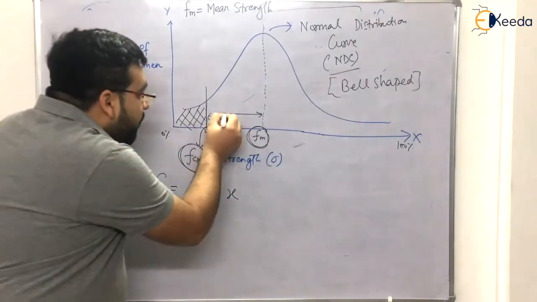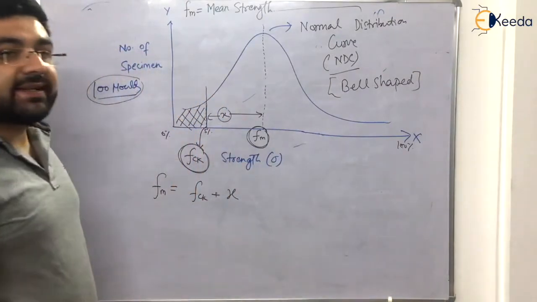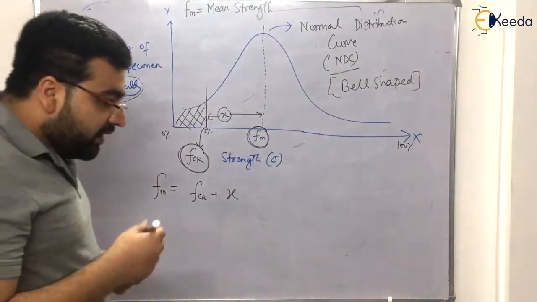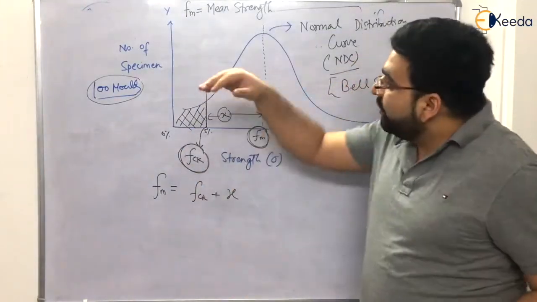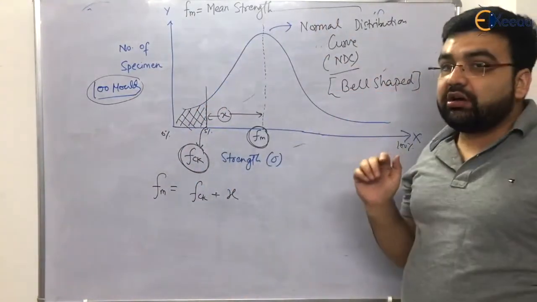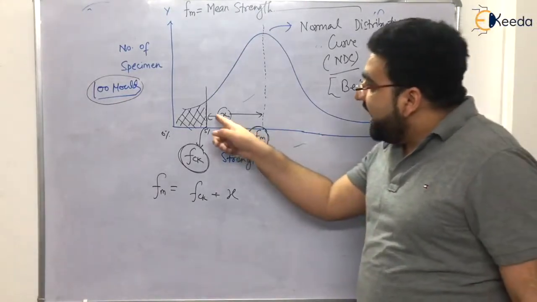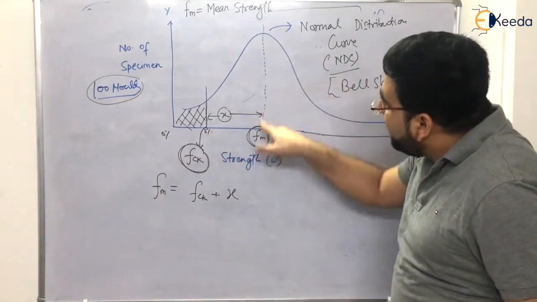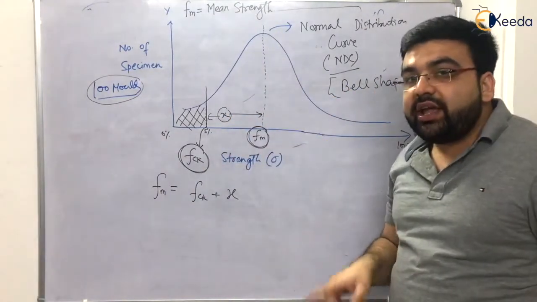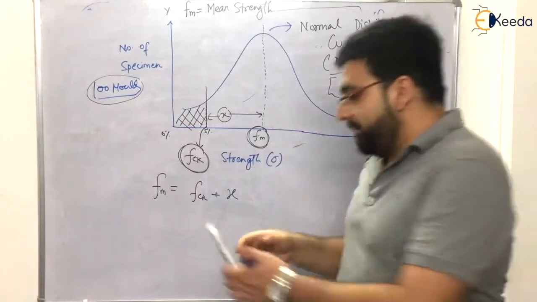Right? Now what is the value of this x? When you go to elementary mathematics and engineering mathematics, if you study the normal distribution curve, you will come to know that if you subtract the 5% part, then the distance between the mean and this 5% is actually 1.65 sigma.